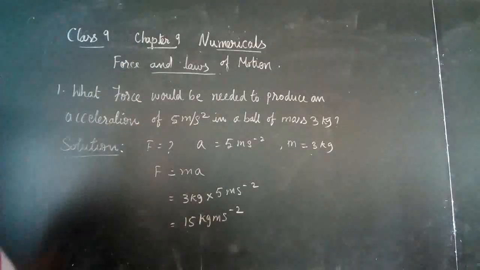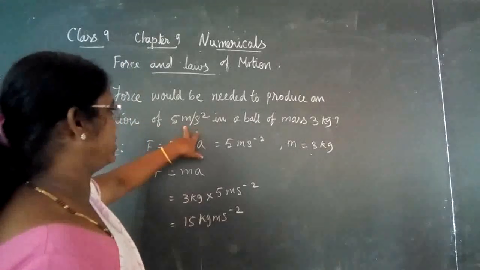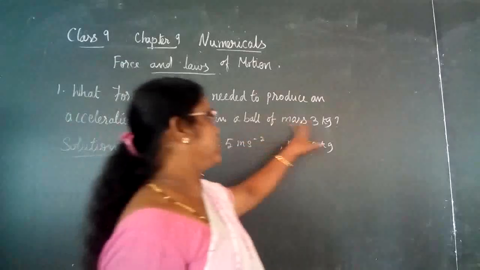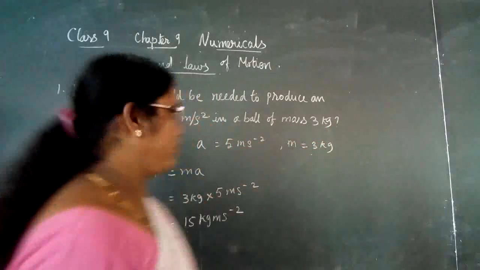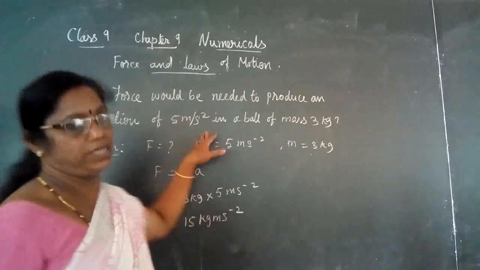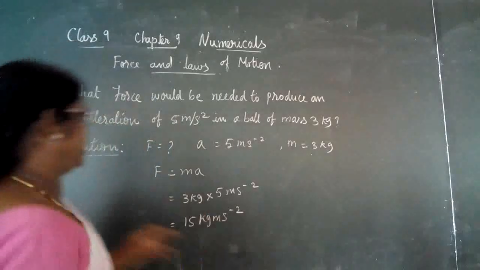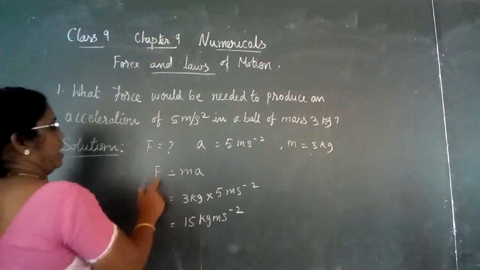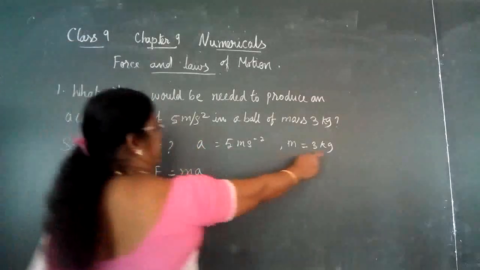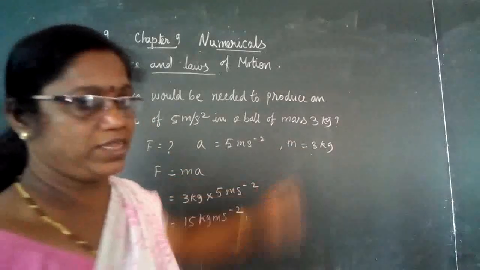So here, the acceleration is given in meter per second square and the mass is in kilogram. So what is the unit of force? It is kilogram meter per second square. So it is a direct question. Hence we know that mass is 3 kg and acceleration is 5 meter per second square.